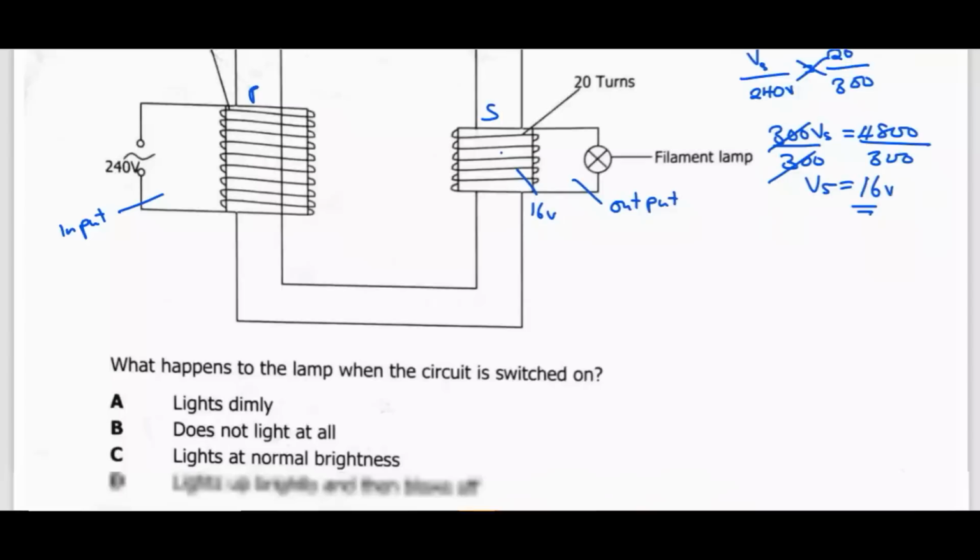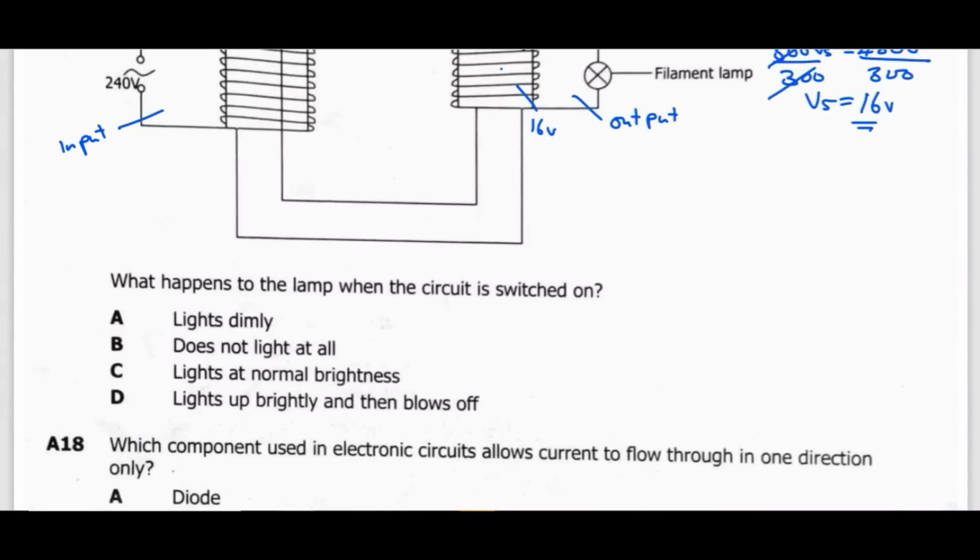Let us look at the answers. So you find that the answer A, lights dimly, B, does not light at all, C, lights at normal brightness, D, lights up brightly and then blows off.